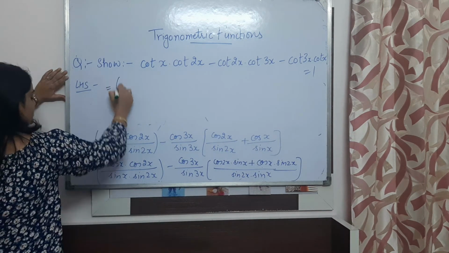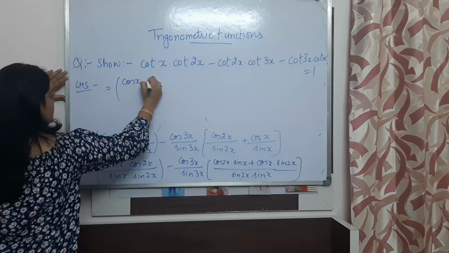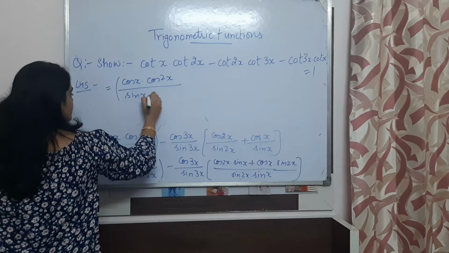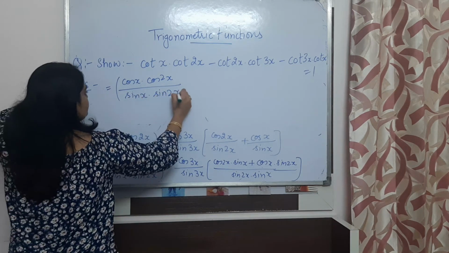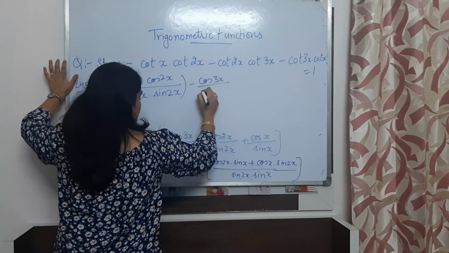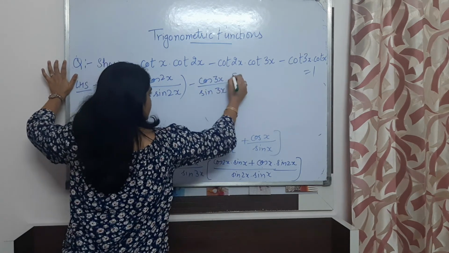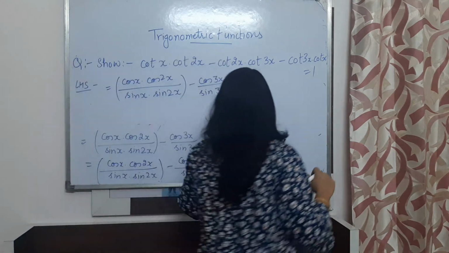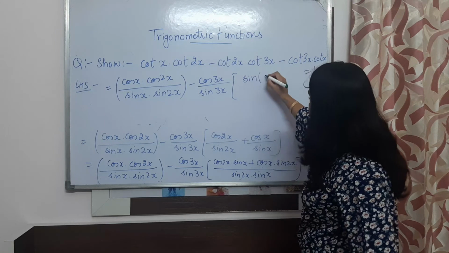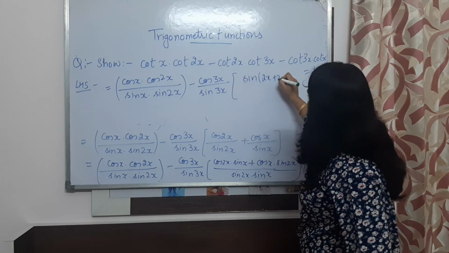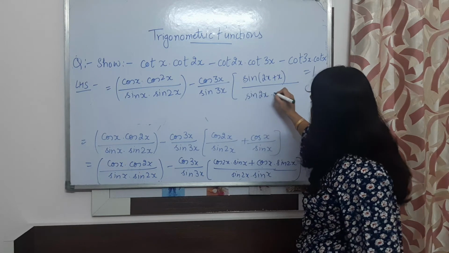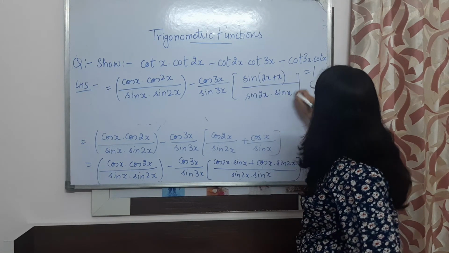The rest we are going to write as it is, cos x into cos 2x whole upon sin x into sin 2x minus cos 3x whole upon sin 3x, and inside the bracket the formula is applicable, sin a plus b, which is sin 2x plus x whole upon sin 2x into sin x.